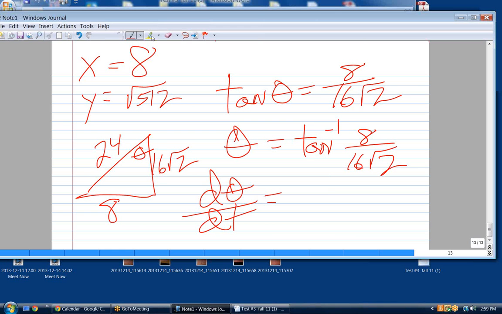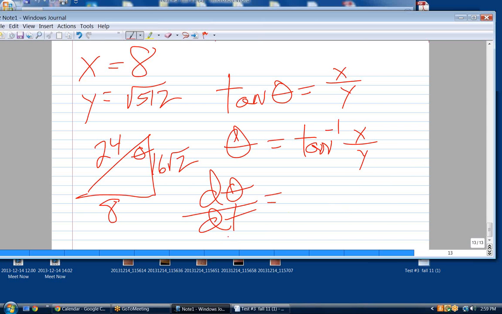Actually, not right. Let's go back a step. Tangent of theta is x over y. So theta is the inverse tangent of x over y.